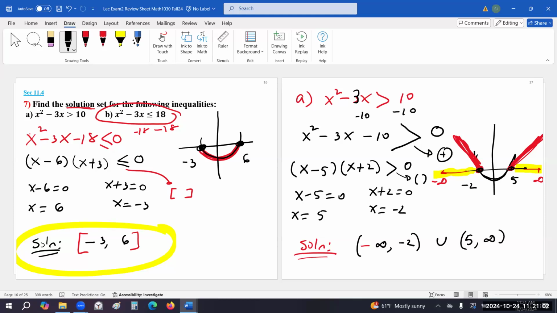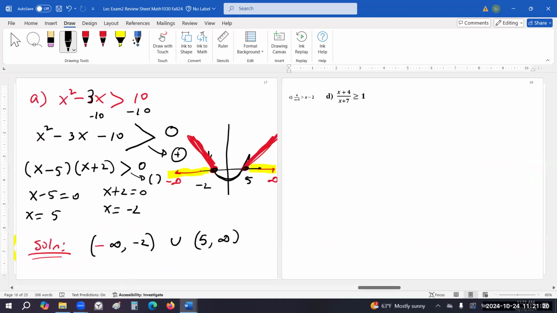So you have to give the answer using the x-axis, not the y-axis. Okay? If you don't like my graphing method, feel free to use your table method. We definitely need to use the table method for rational.